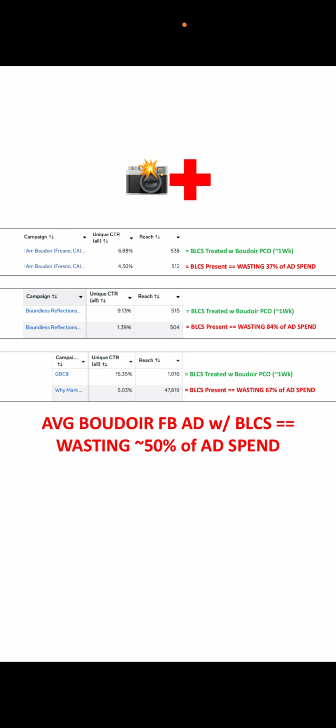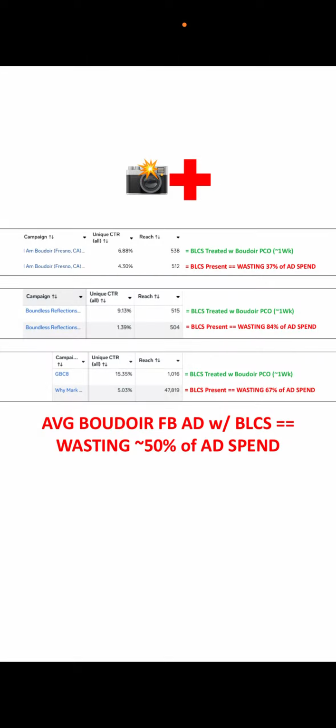And then we're saving that 6,700 bucks a month, literally profit back in our pocket because we didn't spend it. I would say like 80 grand over the next year. And we're getting the Facebook ad into the same number of women's brains with only $3,300 a month ad spend with the new Boudoir Pico treated ad.